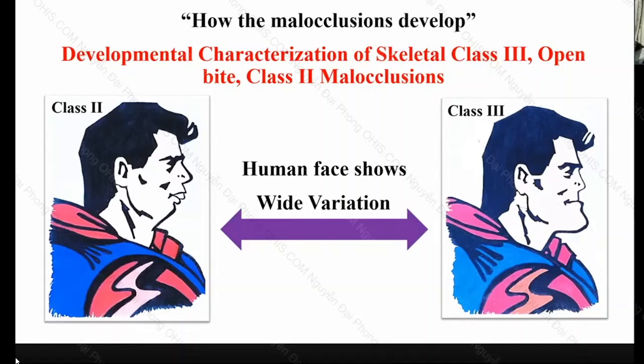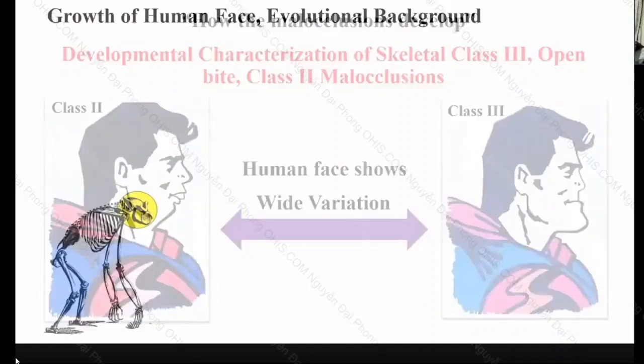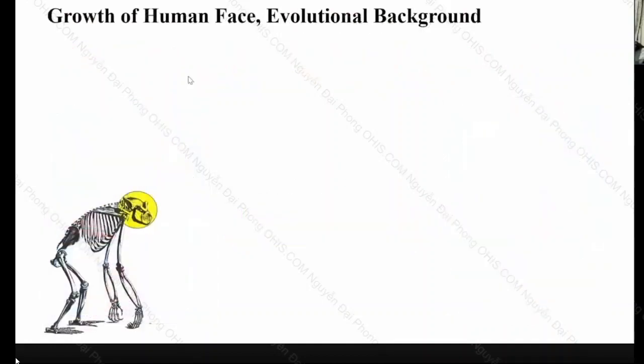So, if you think about the evolutionary background, 4-5 million years ago, our body posture was like this, the 4-pedal being, and our face was looking down.